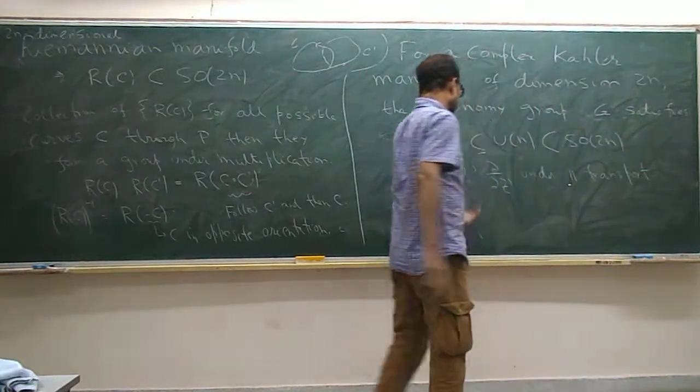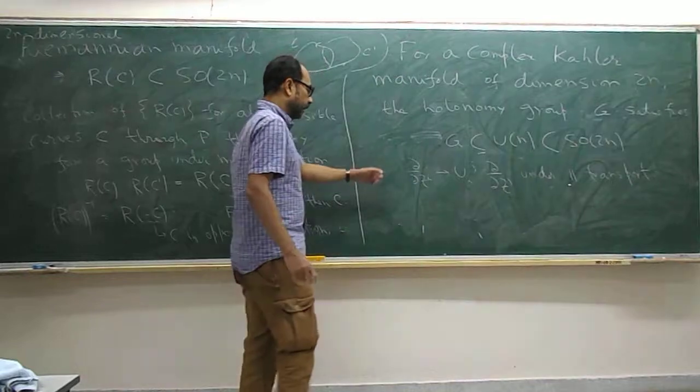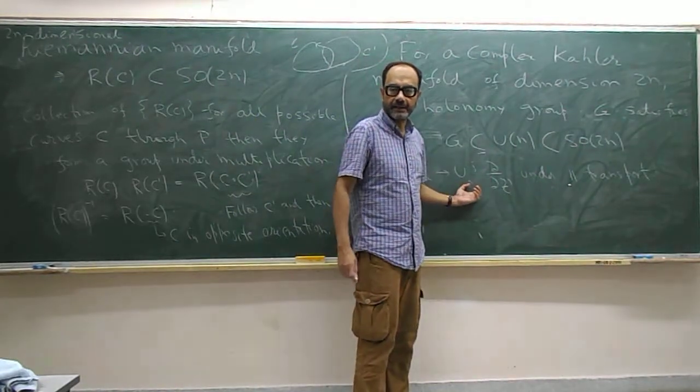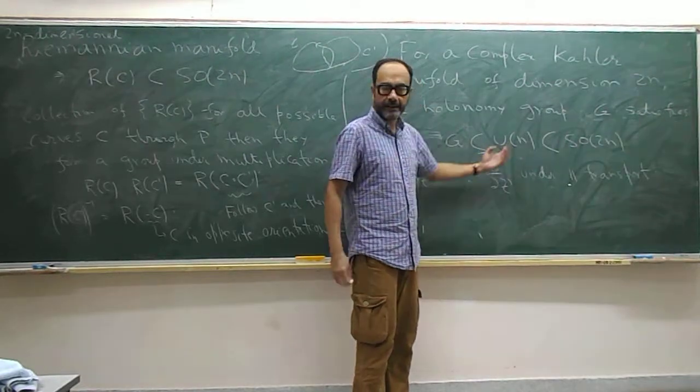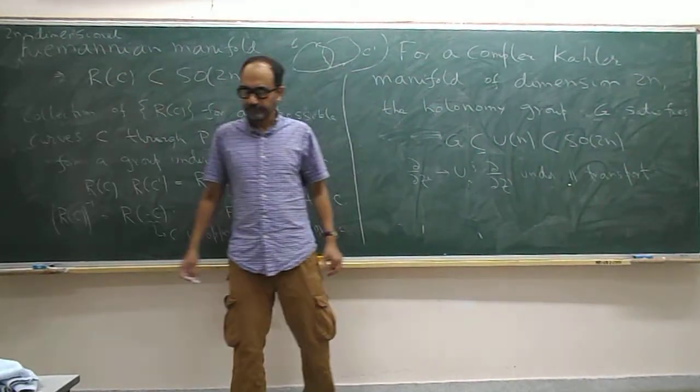So U to begin with is an arbitrary complex matrix, but because it has to preserve the norm, because after all it's a Riemannian space, that forces U to be part of U(n), not an arbitrary complex matrix.